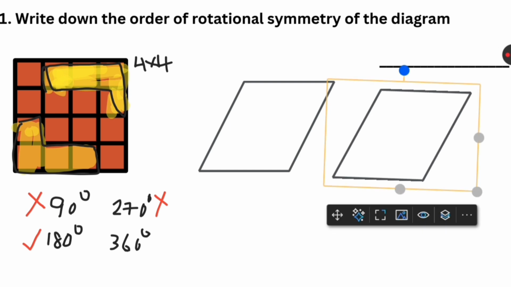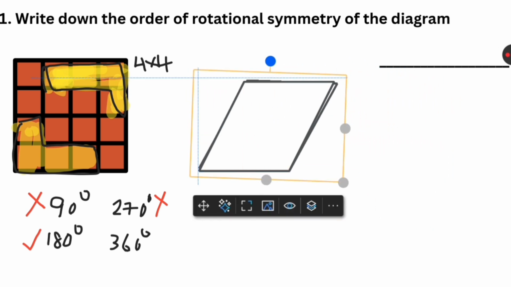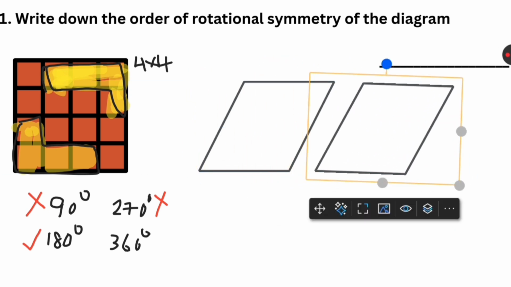Now this shape exactly matches the previous shape. So at 360 degrees it works. Since this diagram looks the same twice during the full rotation, at 180 degrees and 360 degrees, the order of rotational symmetry for this shape is 2. So this is a way to find the order of rotational symmetry.